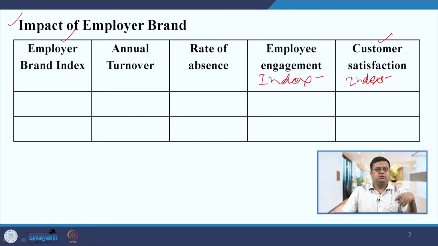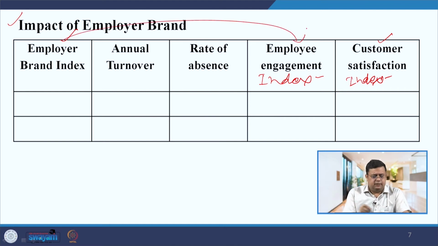So, first you need to develop an index and then you collect the data, get a number, and after that you can run a correlation, regression, right. So, in the case of understanding the impact, you can run a regression, like how employer brand impacts employee engagement and customer satisfaction.